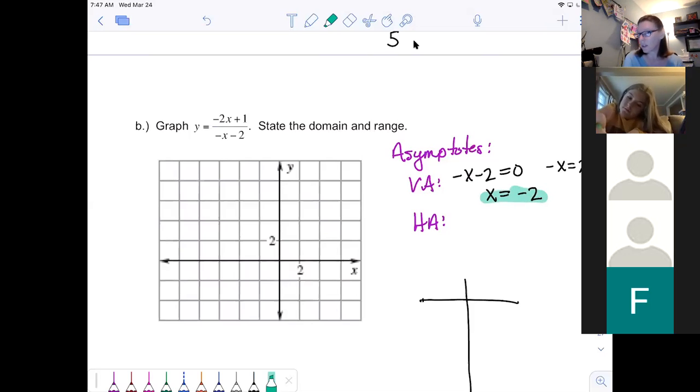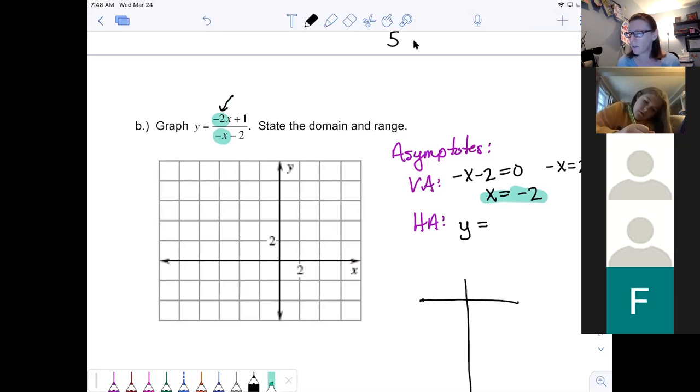And then Faith, to get the horizontal asymptote, we're going to use those coefficients. So what would the horizontal asymptote be? y equals the number in front of x from the top divided by the number in front of x on the bottom. 4 divided by -1.